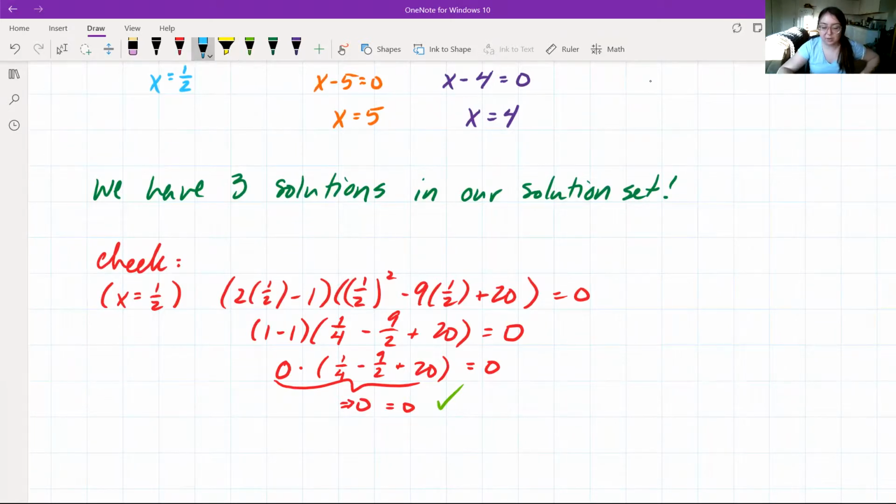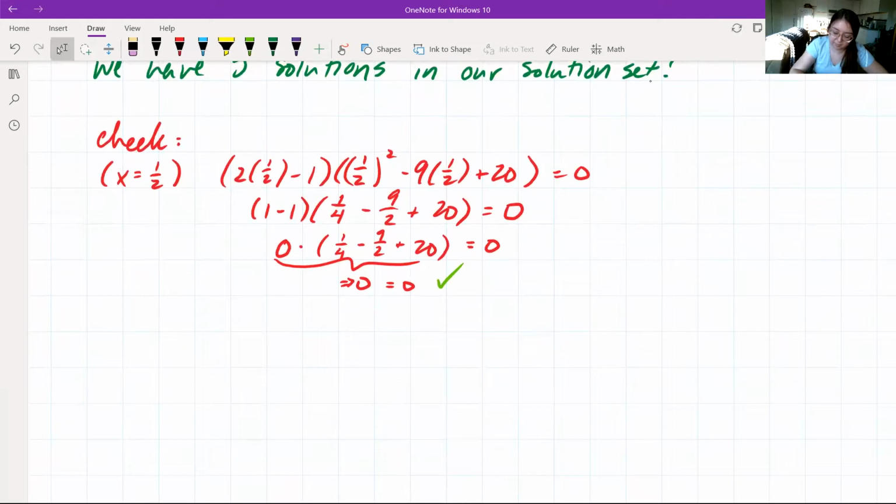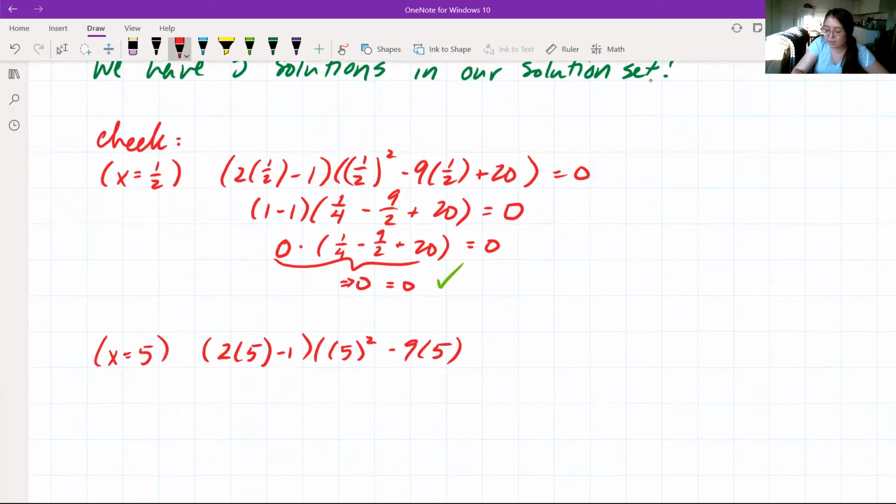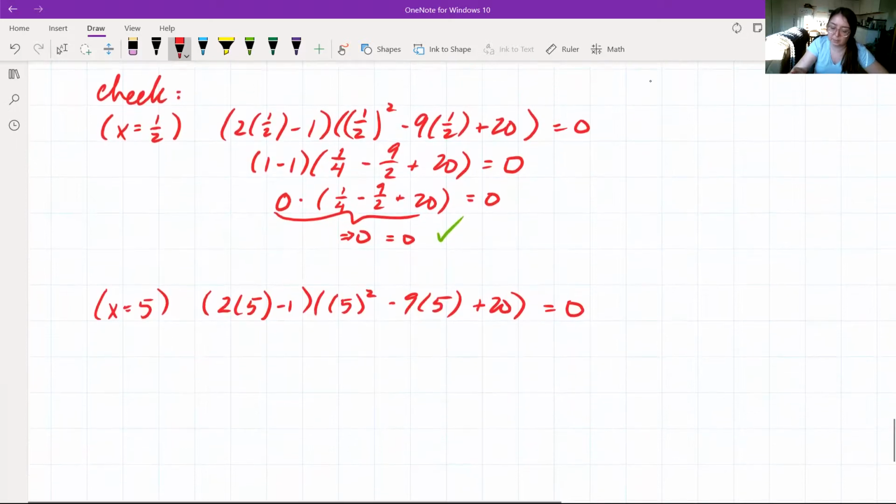Then our next value, x is equal to 5. We'll get 2 times 5 minus 1 times 5 squared minus 9 times 5 plus 20 is equal to 0. 2 times 5 is just 10.